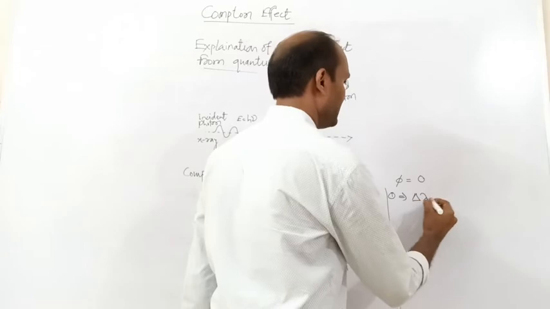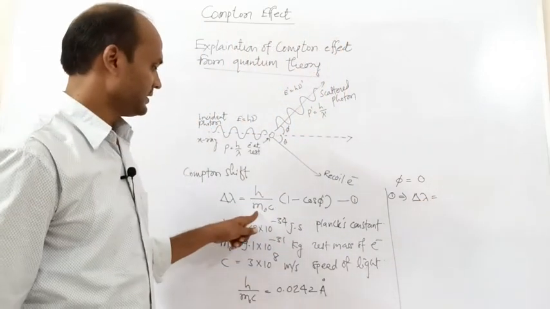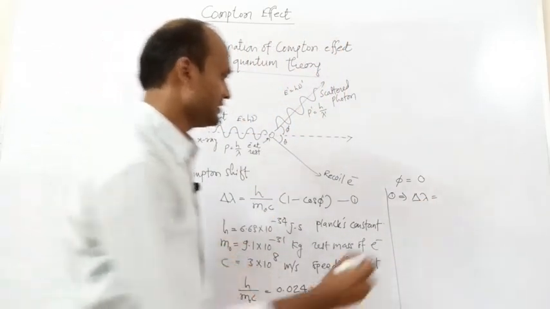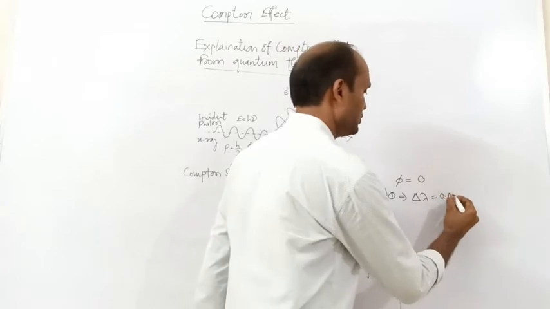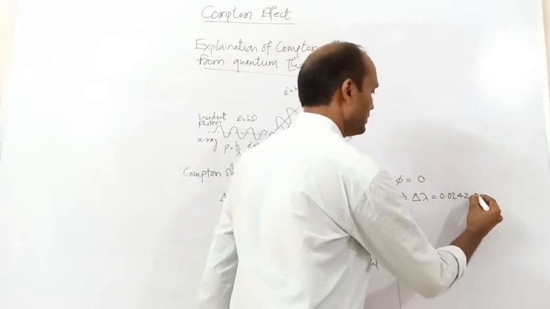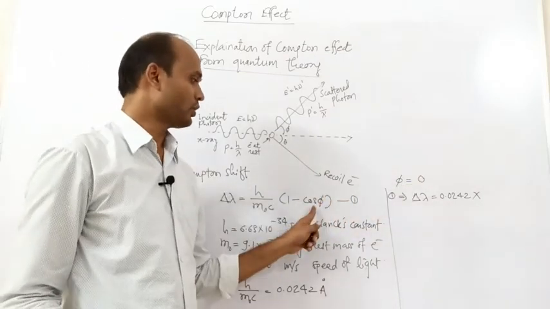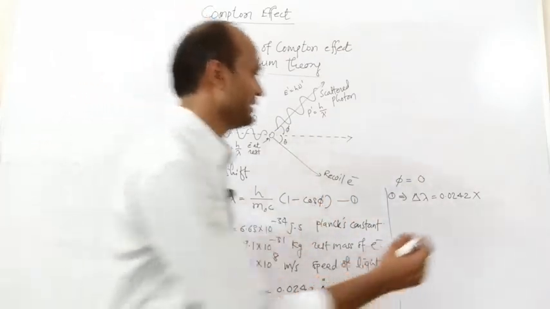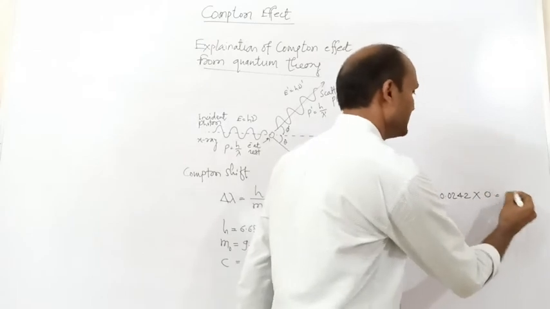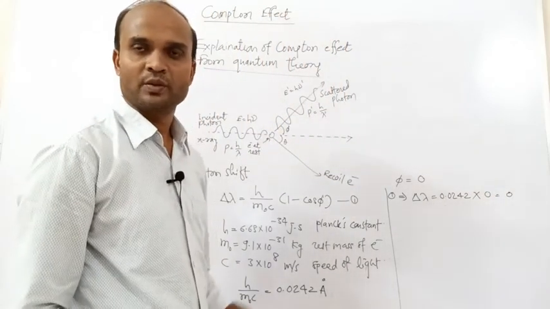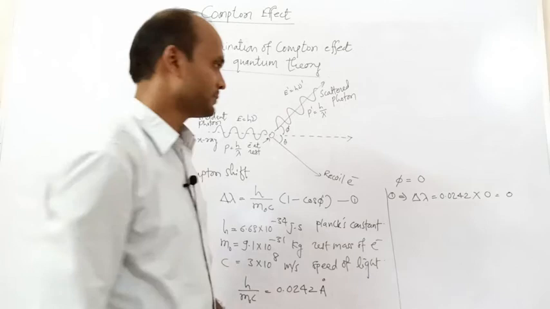delta lambda is equal to h upon m0c, that is 0.0242 into 1 minus cos phi. Phi is 0, so cos phi is 1, 1 minus 1 is 0, and that's why delta lambda is equal to 0, which was observed in the experiment.